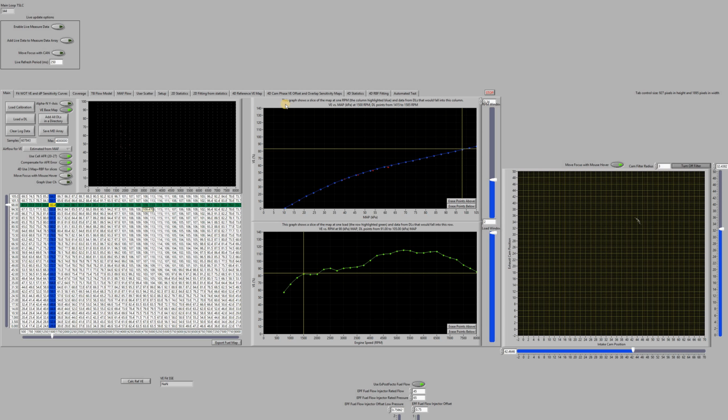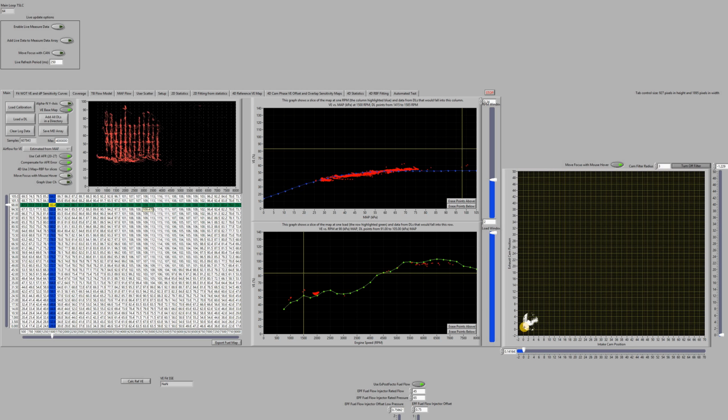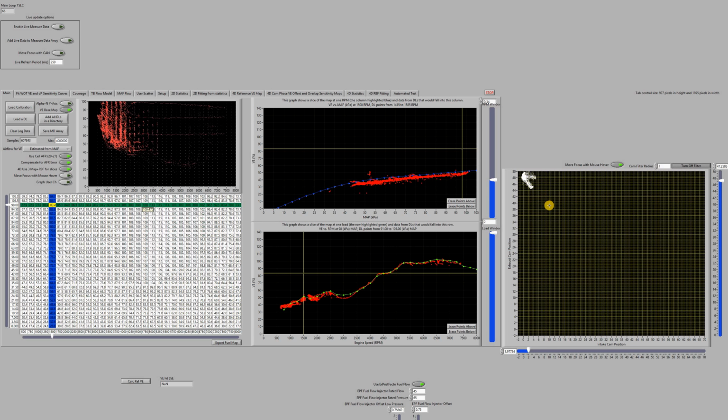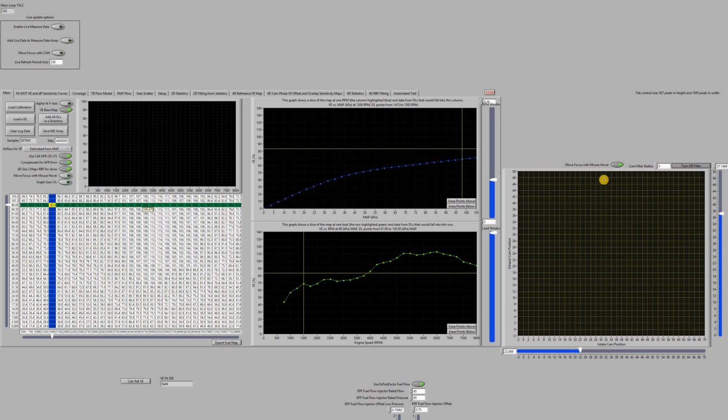These VE values come from the three map model. So you can see how that fits as I move around, and it's not a perfect approximation, but it's decent, I would say. At least it pushes things in the right direction.